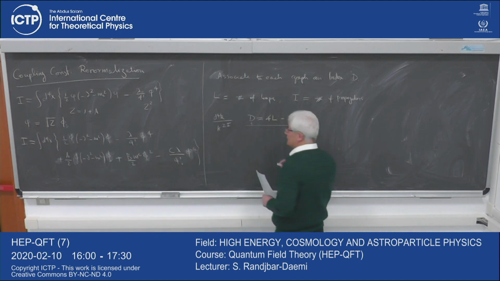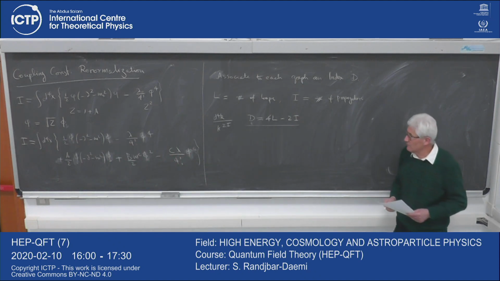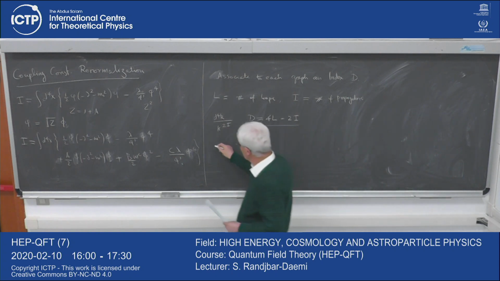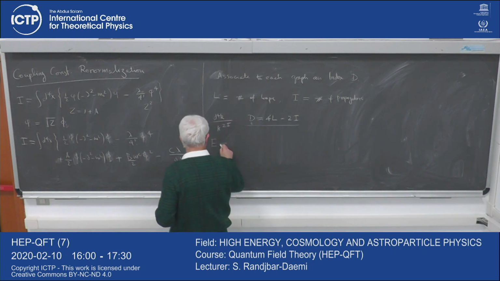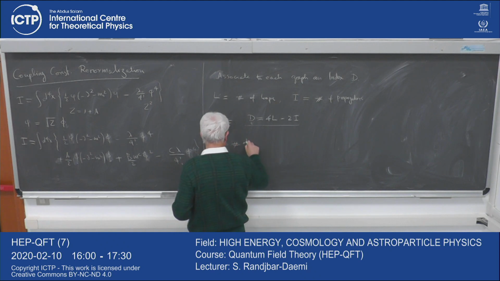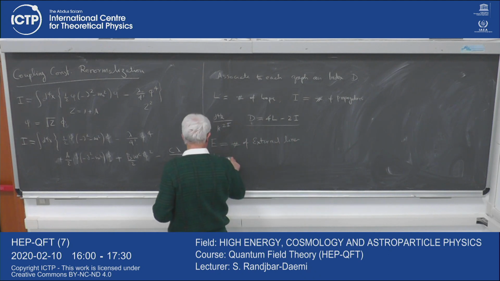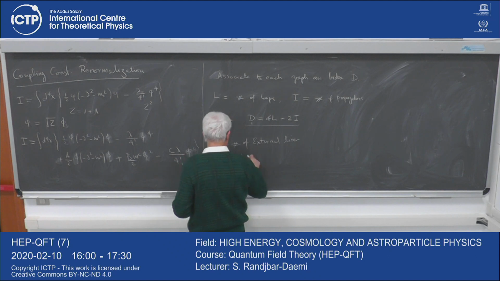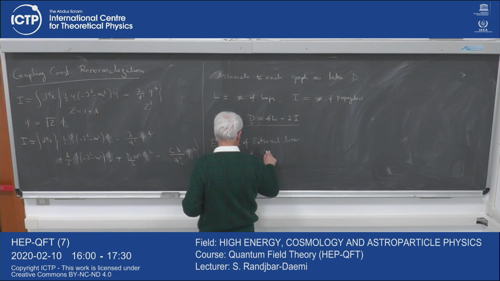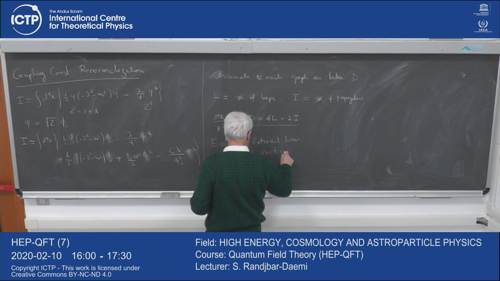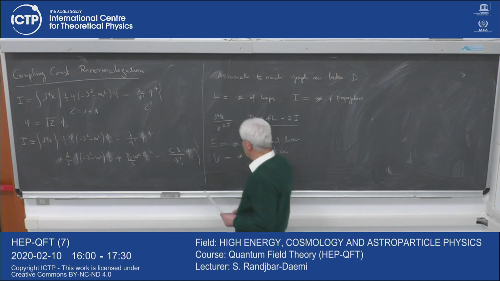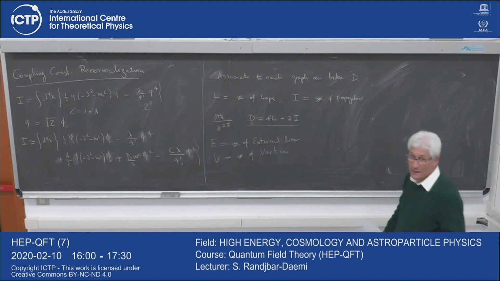We are only going to rewrite it in terms of E, the number of external lines, and V, the number of vertices. I am not considering derivative couplings, but you can also consider derivative couplings.